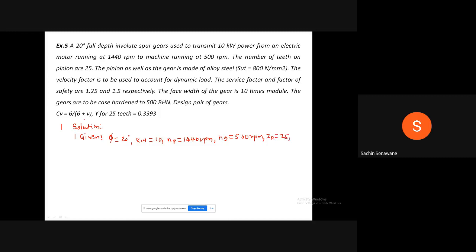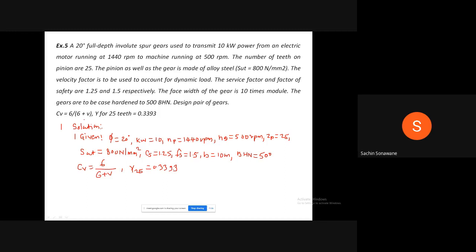then SUT is equal to 800 Newton per mm square, then service factor Cs is equal to 1.25, factor of safety is equal to 1.5, face width b is equal to 10 times module, BHN is equal to 500, then Cv they have given, Cv is equal to 6 divided by 6 plus v, and Y for 25 teeth is equal to 0.3393.